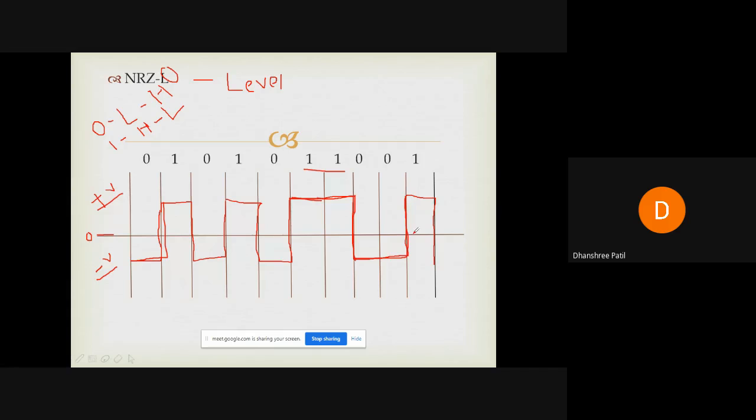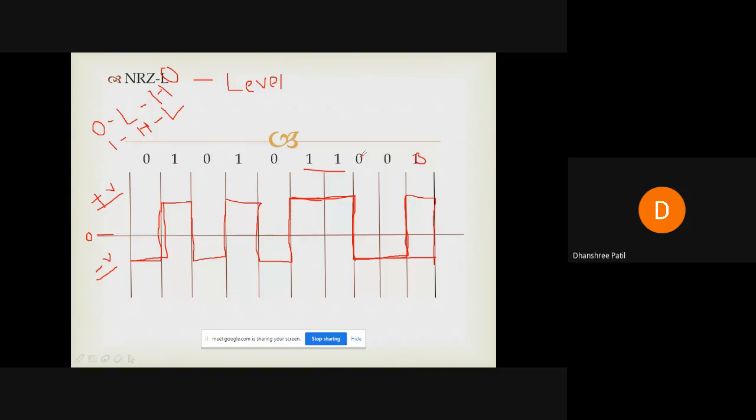Suppose instead of 1, again 0 is there. In case 0 is there, my signal will be continuous like this. If the same data is there, I have to continue the signal as the previous one.